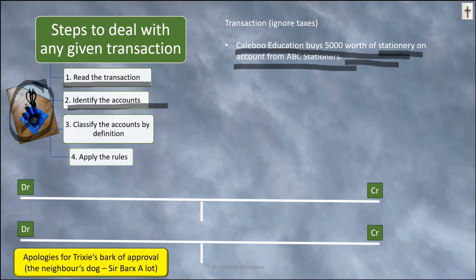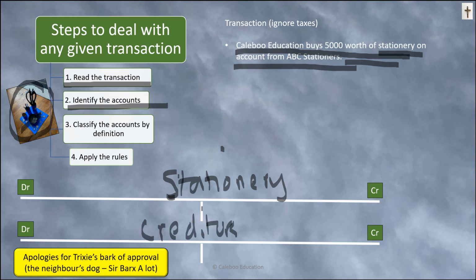So the one account will be stationery, with an E. The next account is creditors control or accounts payable. Now, if there was only one creditor, we could write here A, B, C stationers.